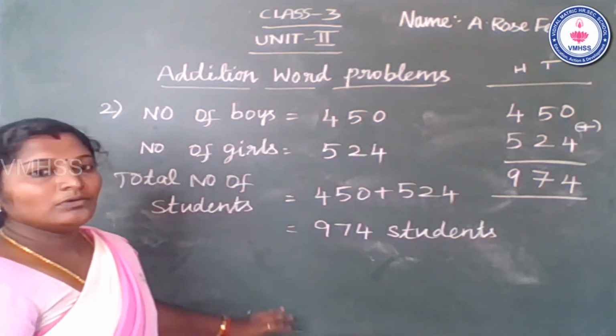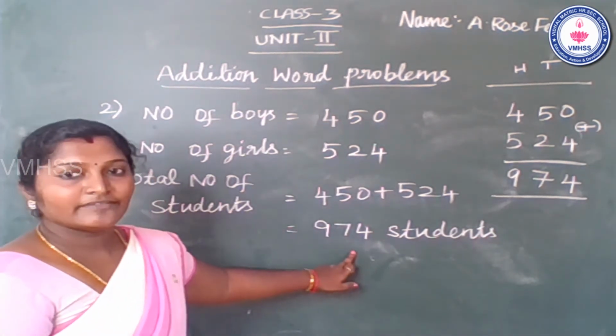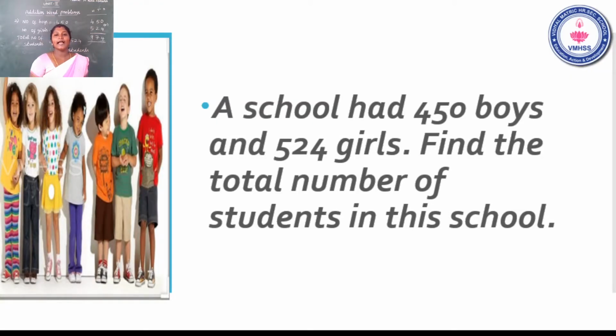Okay, so total number of the students 974. Okay, students, please see the slide. A school had 450 boys and 524 girls. So find the total number of students in this school. Okay, students, see the board.